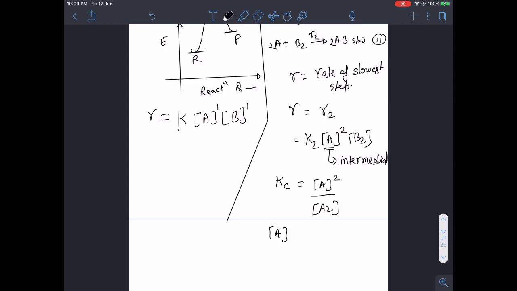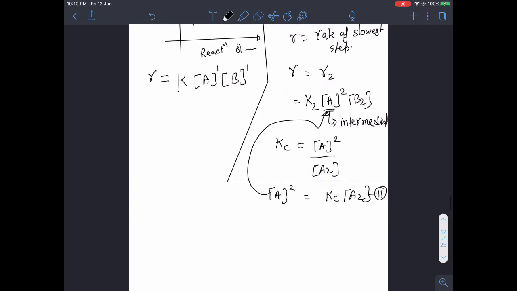Now, from here, can I get the value of A? Yes, the value of A squared I am getting to be equal to Kc multiplied by A2. Now, guys, can I substitute this value over here? If I substitute it, I will get the rate expression equal to K2 multiplied by Kc multiplied by A2, and the whole multiplied by B2.